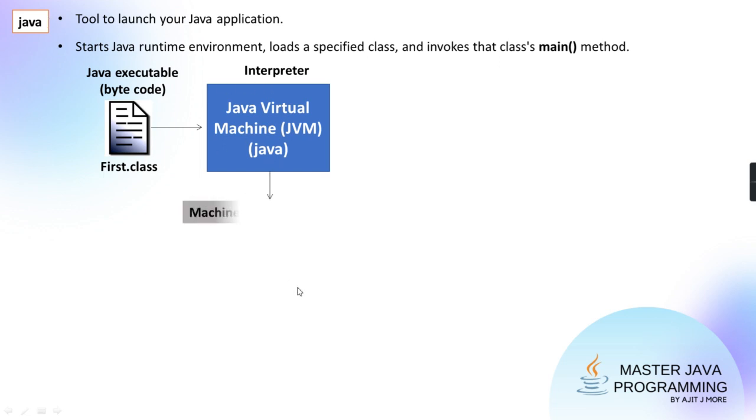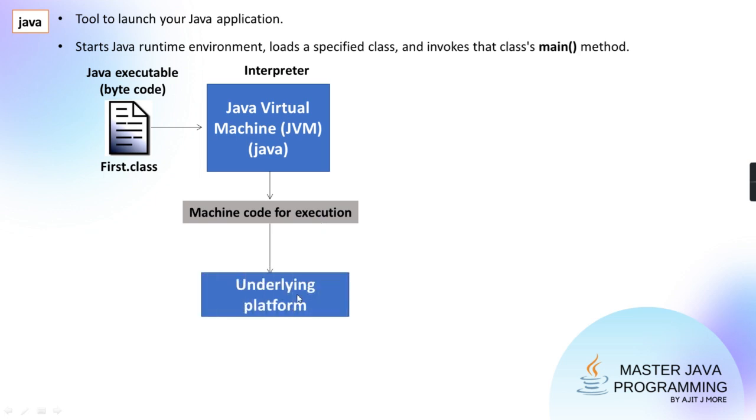So this Java executable, that is your bytecode, is given to the Java tool. What will it do? It will translate that dot class line by line into machine code, and give it to the underlying hardware for execution. Clear? The underlying platform can be a Linux platform, a Mac platform, or a Windows platform, anything.